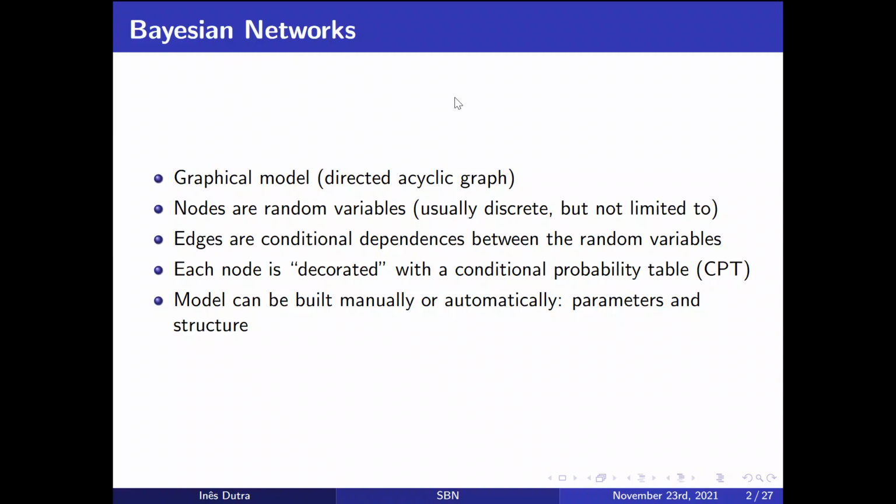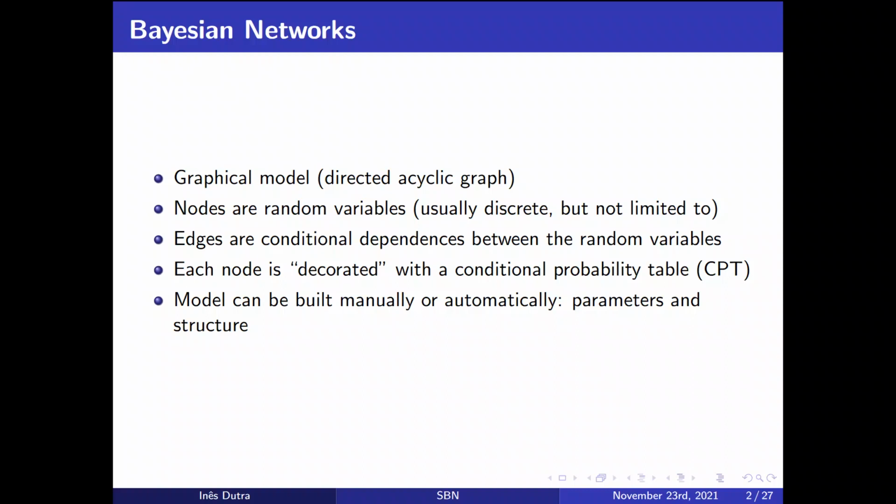And edges are conditional dependencies between the random variables. Each node is decorated with a conditional probability table, and the model can be built manually. I mean, there are several software packages that can allow the network to be built manually.